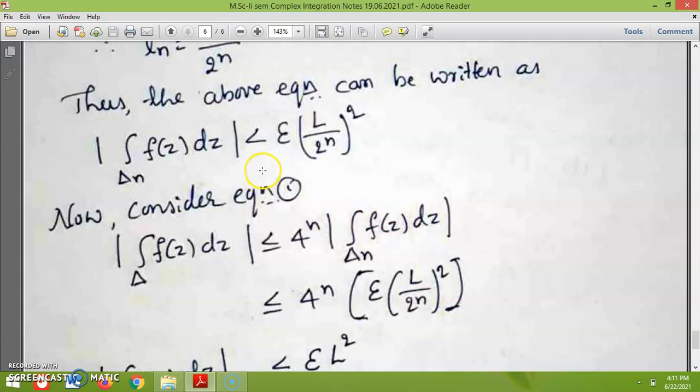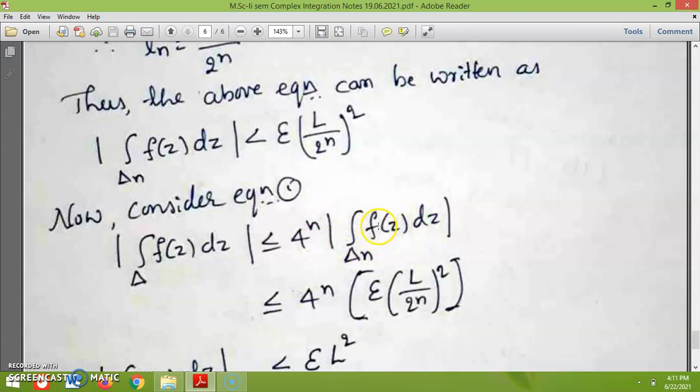So we can consider that as equation 1 here, which contains the magnitude of the integration of f of z dz over the sub-triangles, delta n, so we can denote it this way.